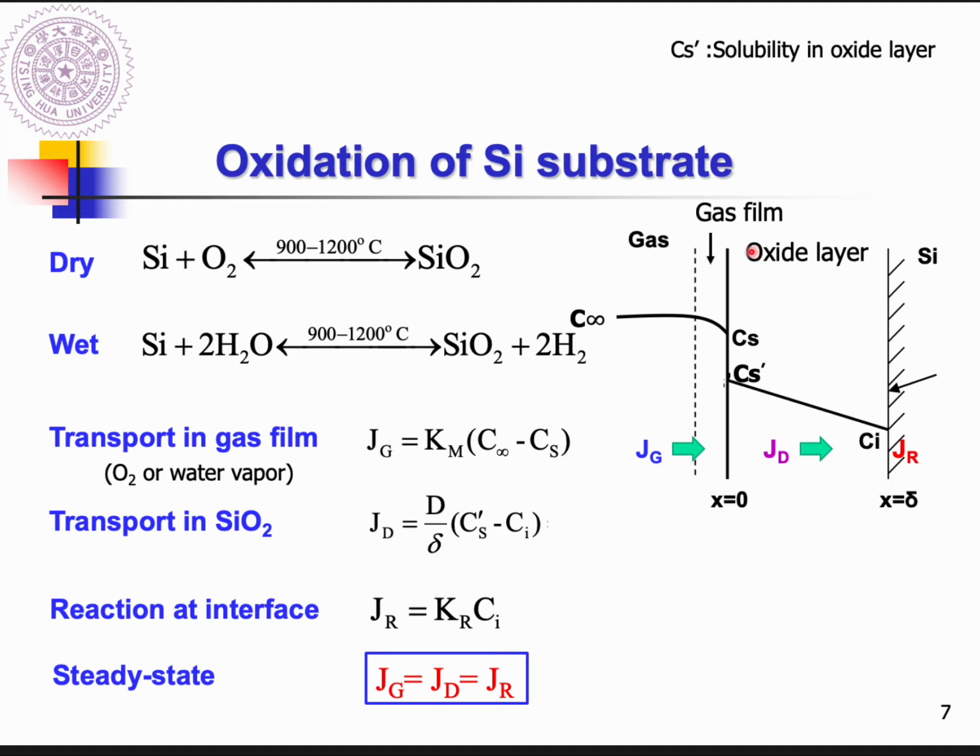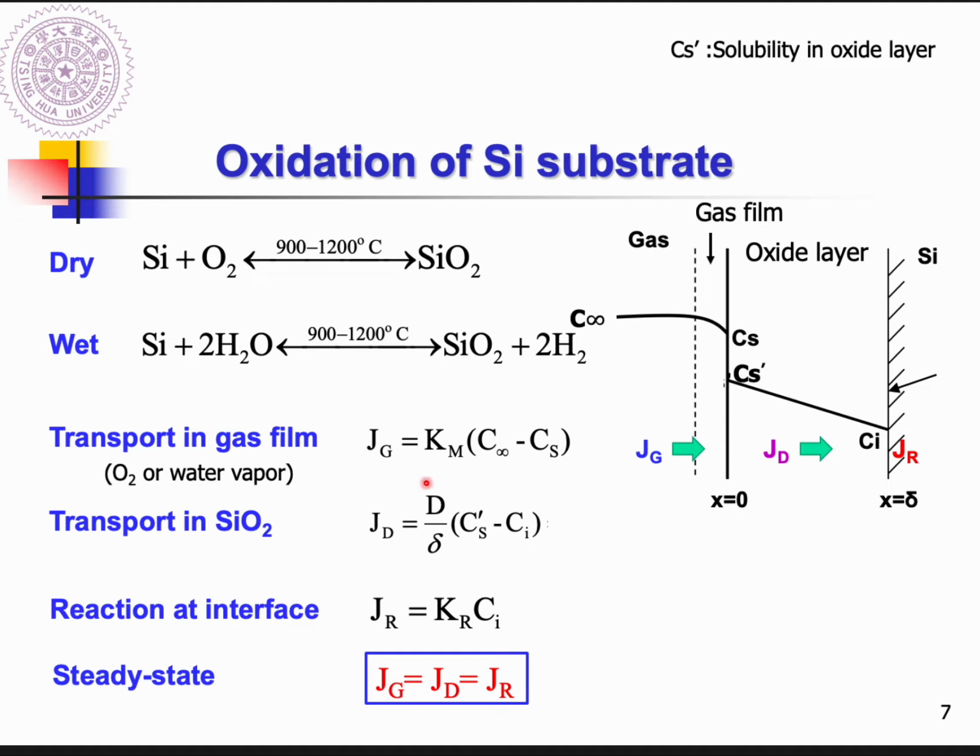Jg is the transport coefficient Km times C infinity minus Cs. Regarding the flux passing through the oxide layer, Jd, instead of directly using a transport coefficient, we use the diffusivity divided by delta, the thickness of the oxide layer, times Cs prime minus Ci.